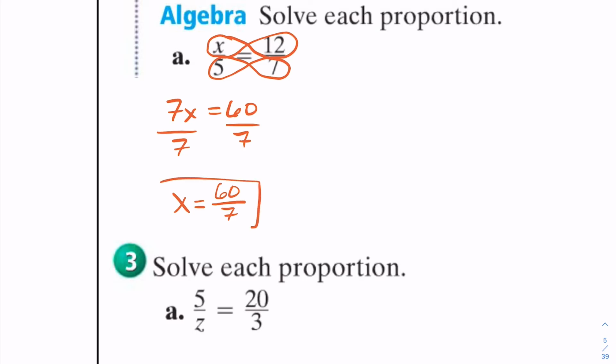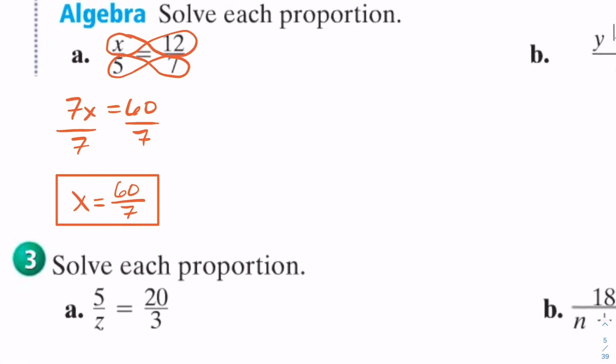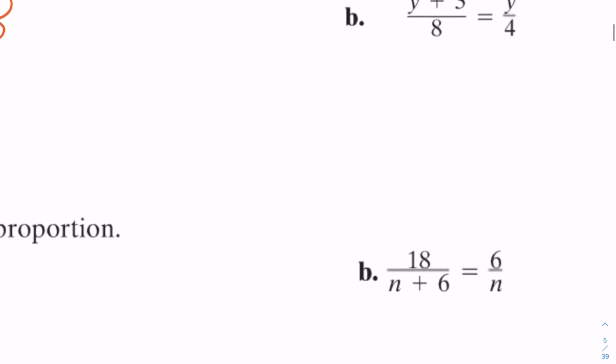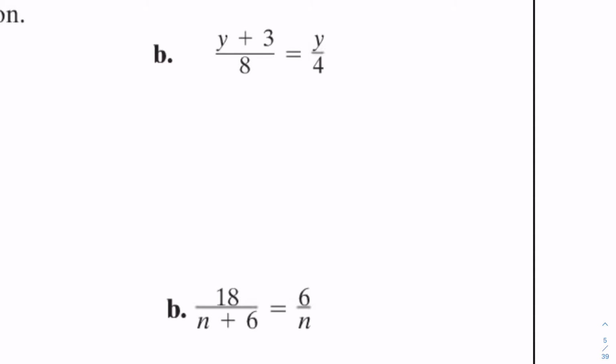I don't want to simplify that anymore. I don't want to get a decimal because that would be approximate, and I like this exact value just the way it is, and it's in the form of a ratio. This one, we're going to have to make sure we do the distributive property after we do 4 times y plus 3. We're going to have to distribute that.